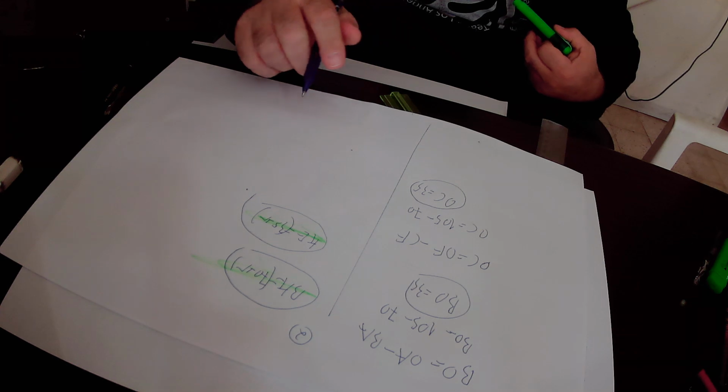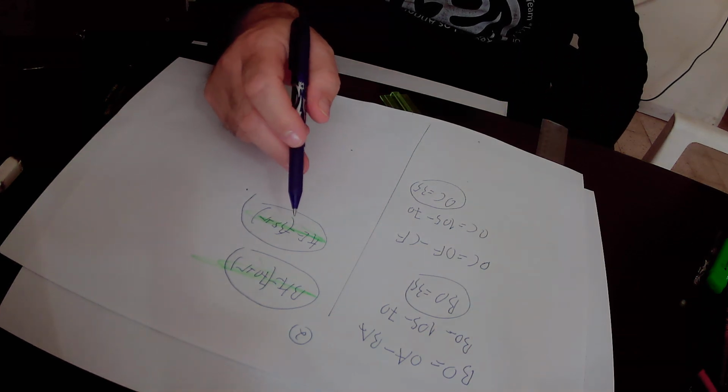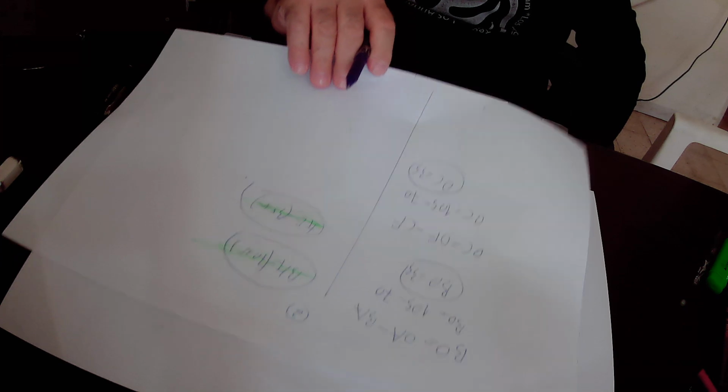Repeat again, KE equals 35 plus r units, and BK equals 70 plus r units.